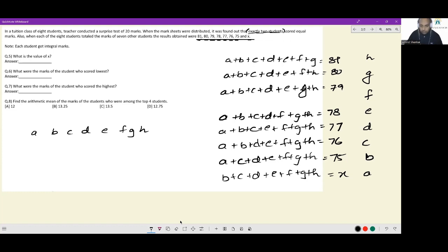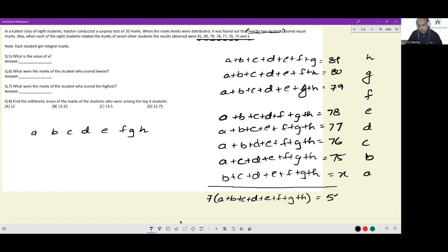Now, let's add all the LHS up. You'll get 7 times A plus B plus C plus D plus E plus F plus G plus H, and this will be equal to the sum of all the RHS.